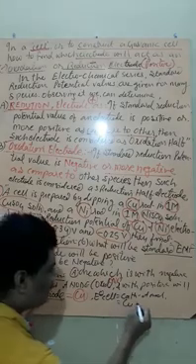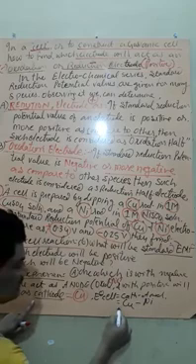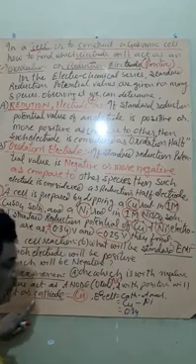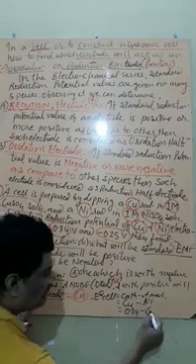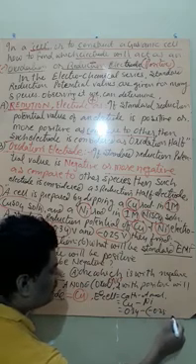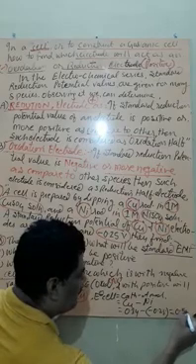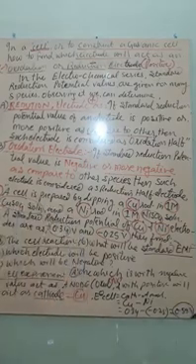And what is the anode here? Nickel. Now the value of copper is plus 0.34 minus the value of nickel, which is minus 0.25. When you solve it, it gives 0.59 volt. So that is the cell potential.